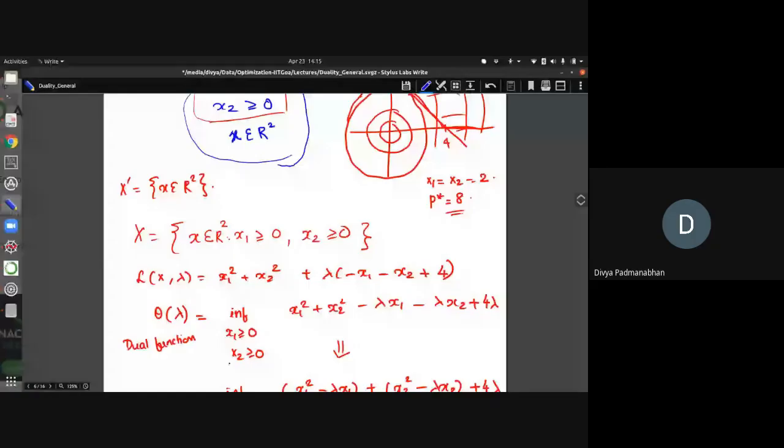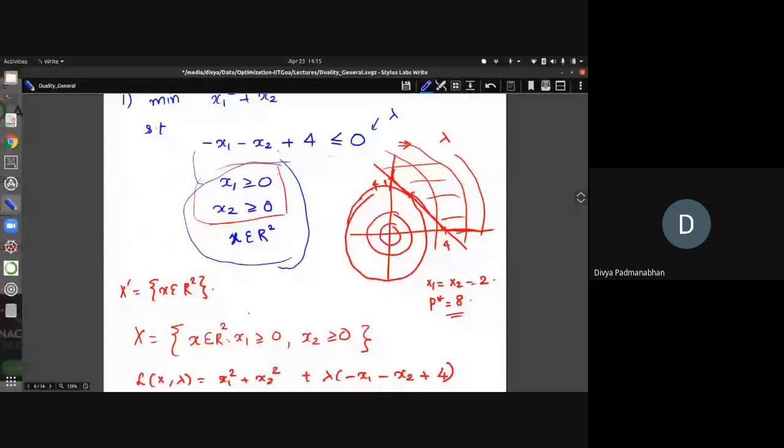So generally you put in constraints like x1 greater than or equal to 0, x2 greater than or equal to 0, which are typically reasonable to handle. But sometimes it's not going to work. Whatever we did yesterday may not work, in which case you have no alternative but to choose all these three inequalities as your original constraints and X as just x in R2. So that's one thing I just wanted to point out.